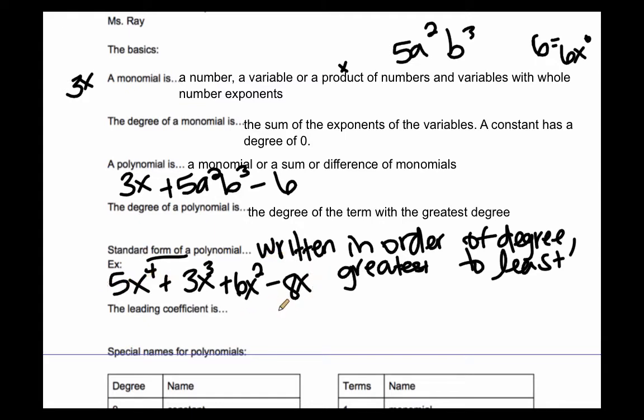It goes 4, 3, 2, 1. And you don't have to have every exponent. You could leave out the 3x cubed, and it would still be a polynomial in standard form, as long as it goes in order from greatest to least.